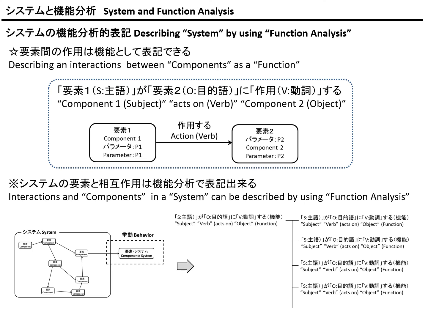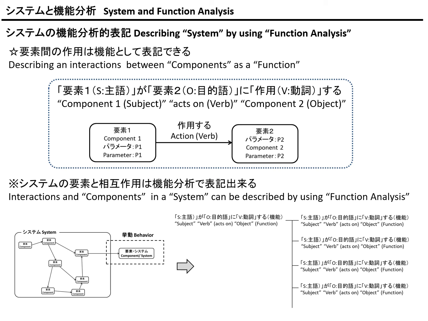Now let me explain how you may describe a system by using function analysis. The reason I'm introducing function analysis is that I would like you to think about a system as a combination of functions. I already said that a system generates some behavior through the interaction of components.